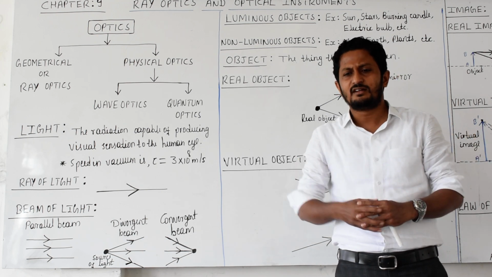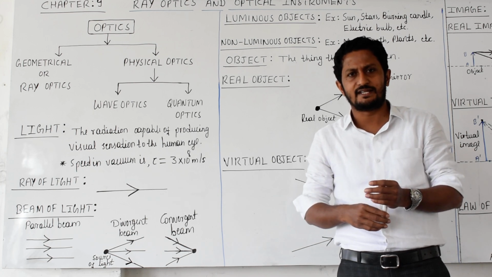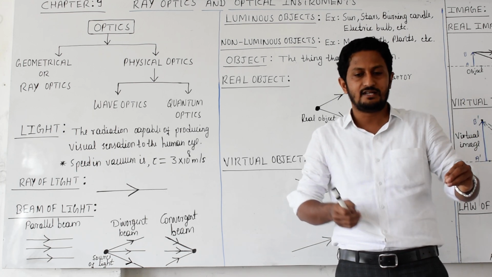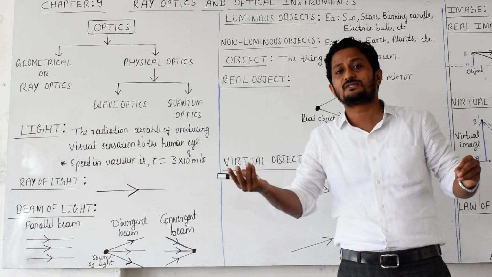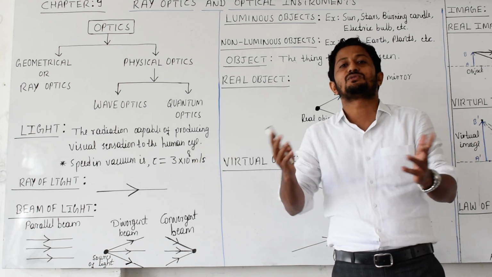What does it mean? In this chapter, we study the interaction of light with optical elements to produce the images of objects.